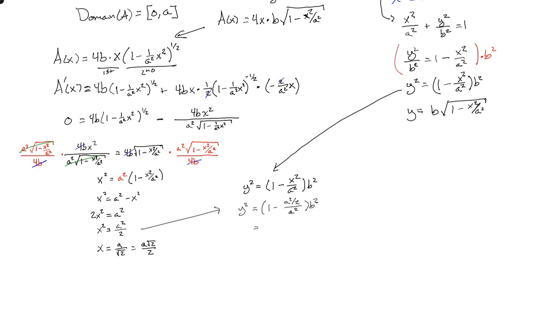And the a squareds cancel, leaving 1 minus 1/2 times b squared equals b squared over 2, which is nice that we've got this wonderful symmetry in our answer. Let's take that square root. So y equals b over the square root of 2, or b root 2 over 2 if we rationalize.